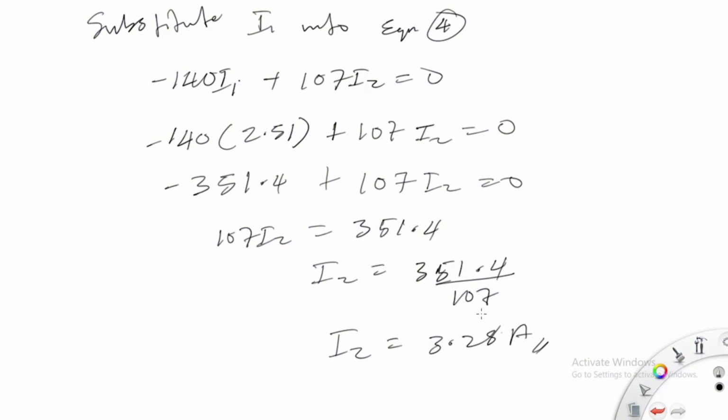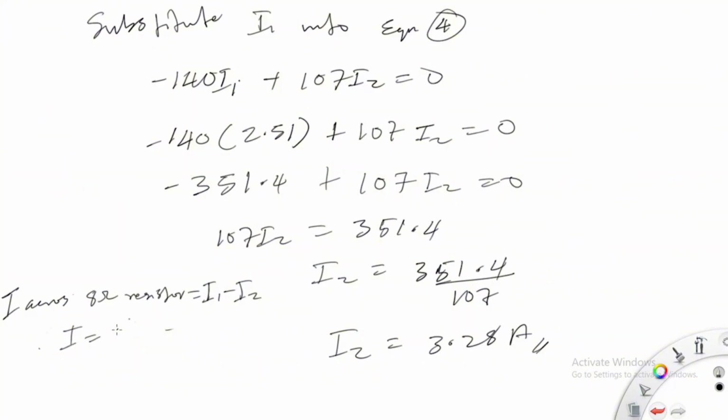I2 is equal to 3.28 amps. So remember, the current I across the 8 ohms resistor is equal to I1 minus I2. So I now will be equal to, what is I1?